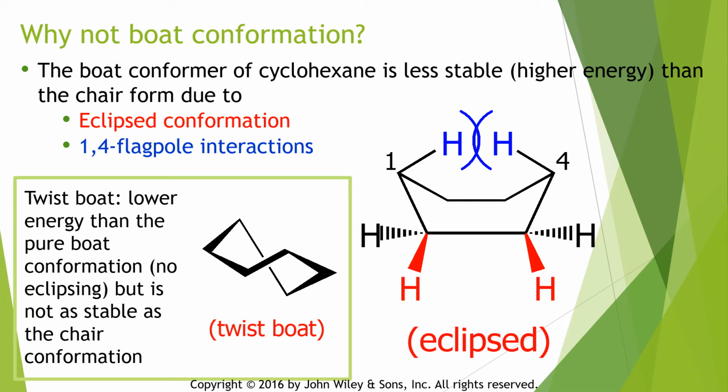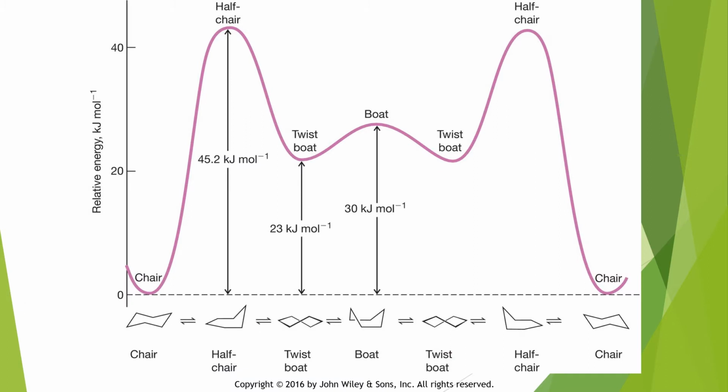There's also one more really low energy conformer that is more of a halfway point between chair and boat, but it's even lower energy than the boat conformation. So we have the chair conformation, which is way at the bottom, very low energy, very, very stable.